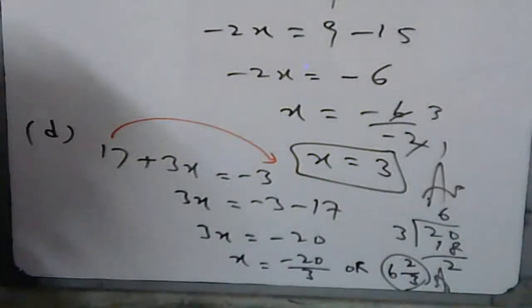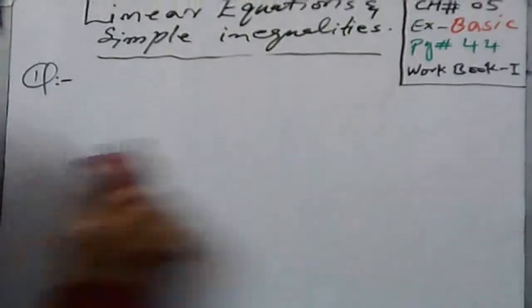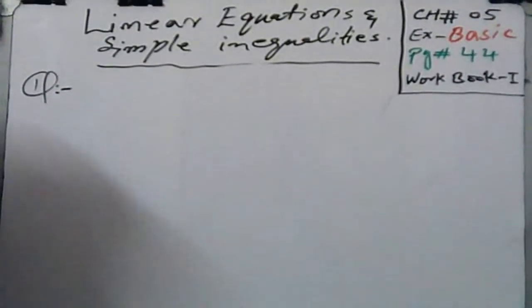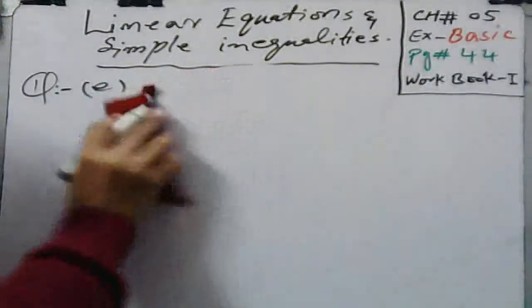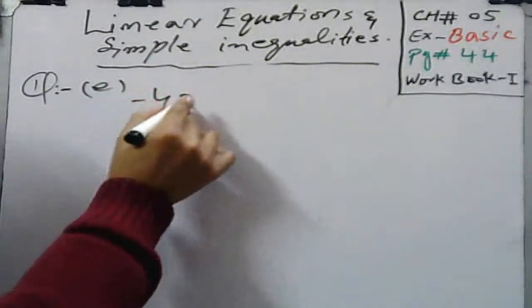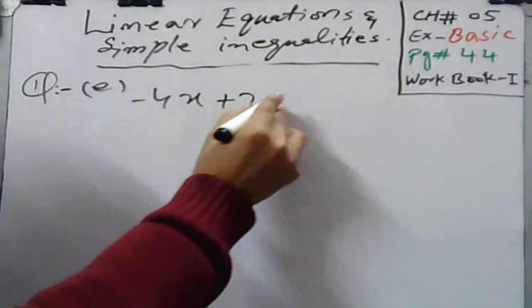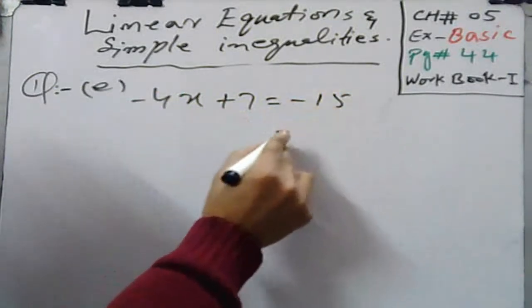Similarly, coming to the point E, in E part, minus 4x plus 7 is equal to minus 15.